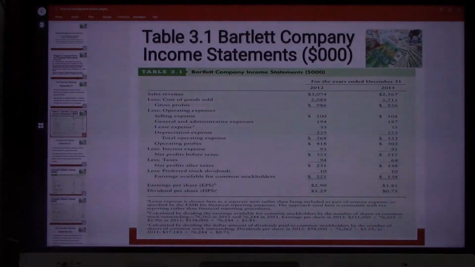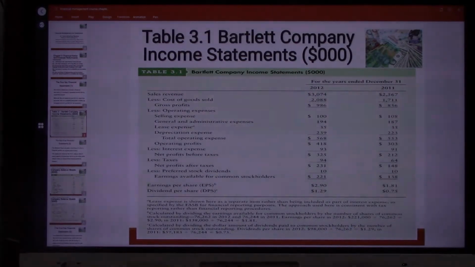The total operating expenses will be subtracted from the firm's gross profit, resulting in what we call operating profits. Sometimes we refer to operating profits as earnings before interest and taxes.